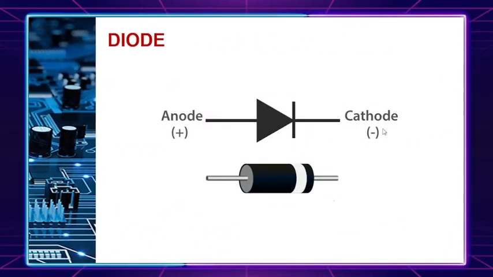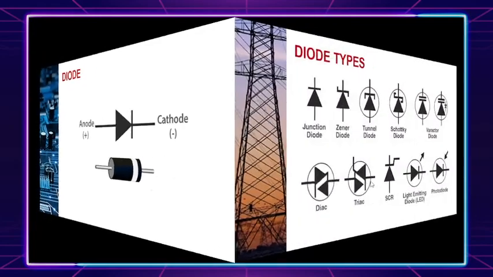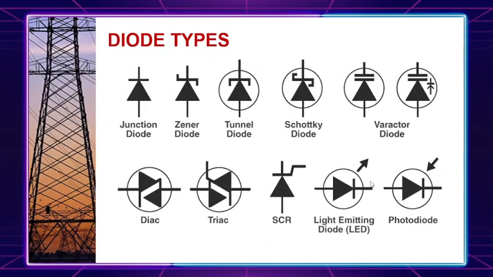So this is the actual symbol of a diode. The positive, the anode, and the cathode. So this is the arrow direction and it has a bar. Okay? And these are the different schematic symbols. So they differ based on the bar. Okay? But they have a constant arrow.